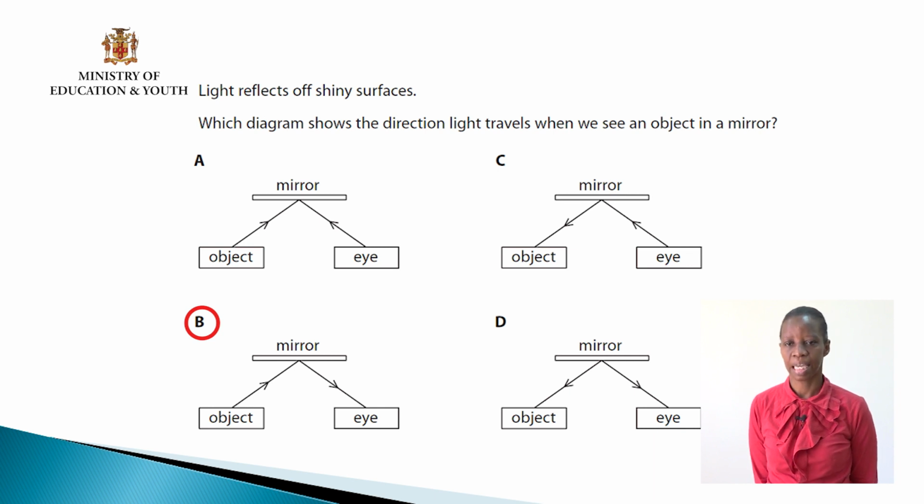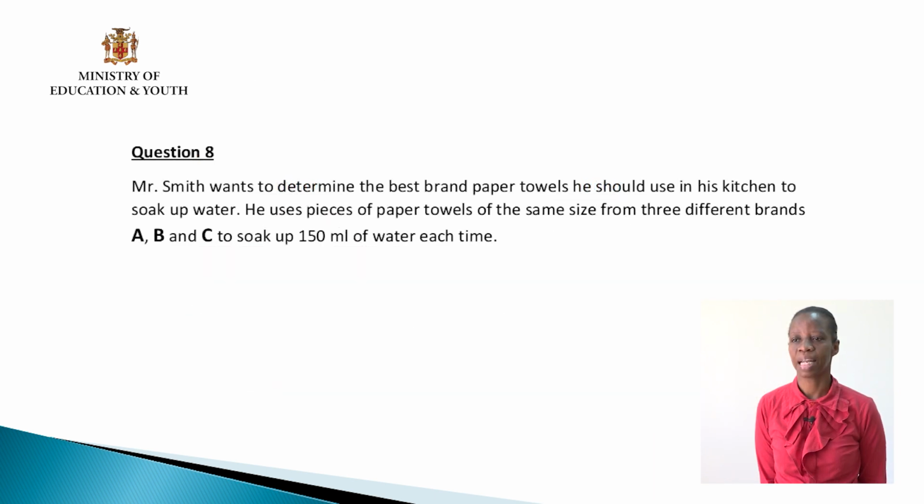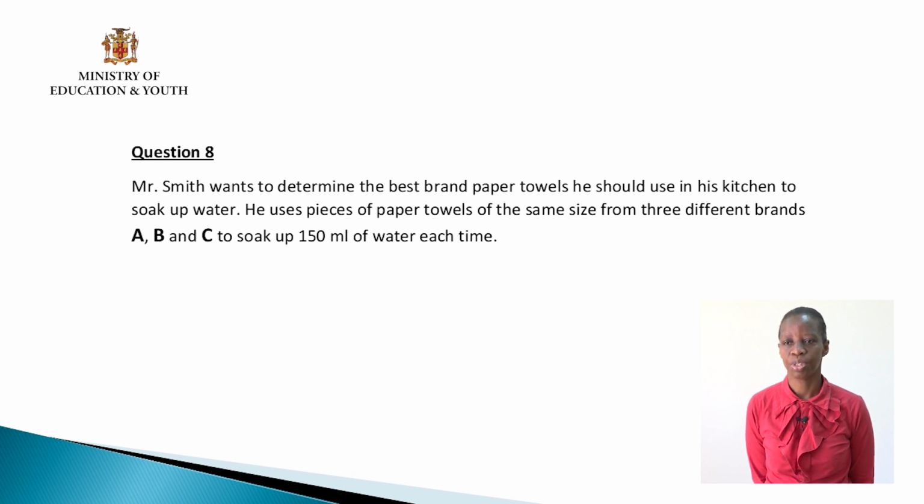All right, we're now looking at a few questions that have to do with properties of materials. Mr. Smith wants to determine the best brand of paper towels that he should use to soak up water in his kitchen. Yes? So we're given some information about the different brands that he has and how much water was used.